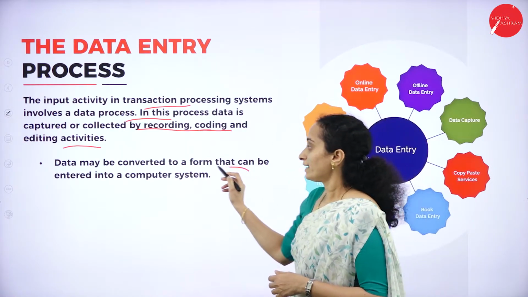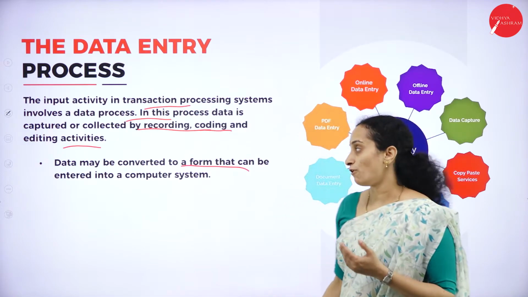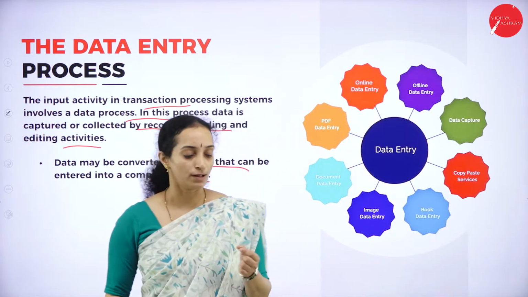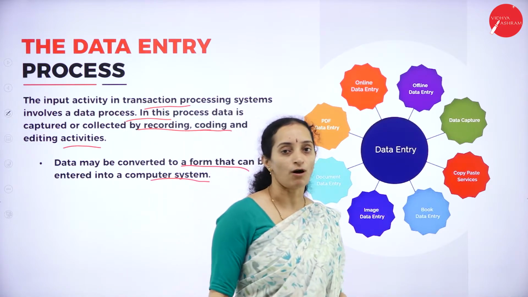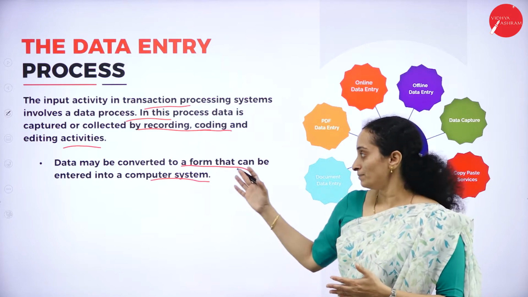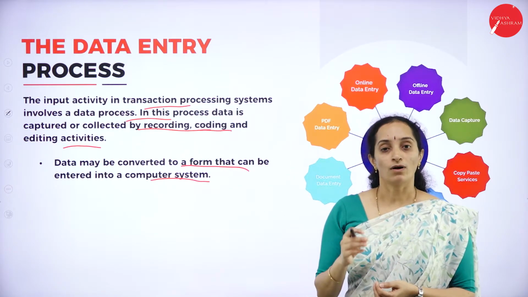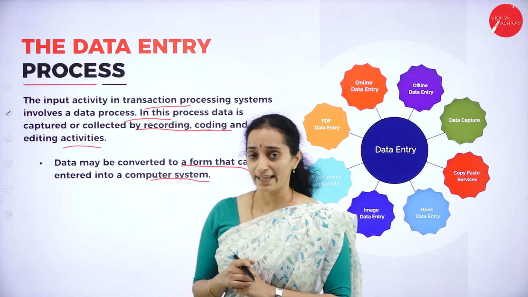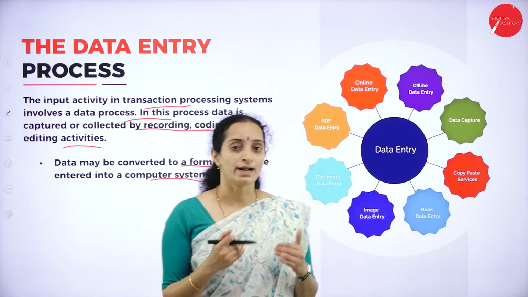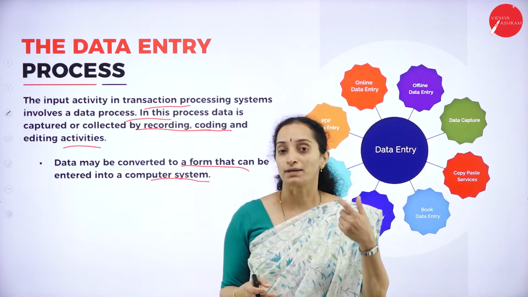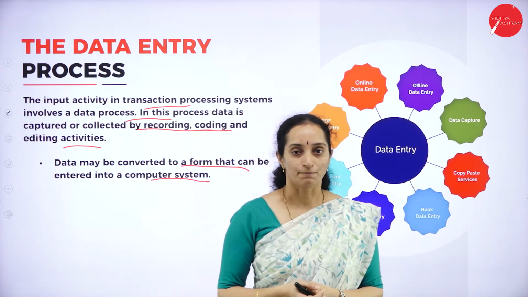Data may be converted to a form that can be entered into a computer system. All the data will not be in a proper form for entering directly into computers. What data processing does is take the data and format it to a particular form so that it can be directly stored into the computer system.